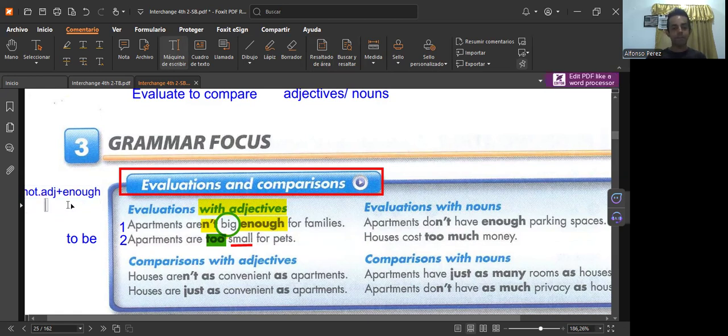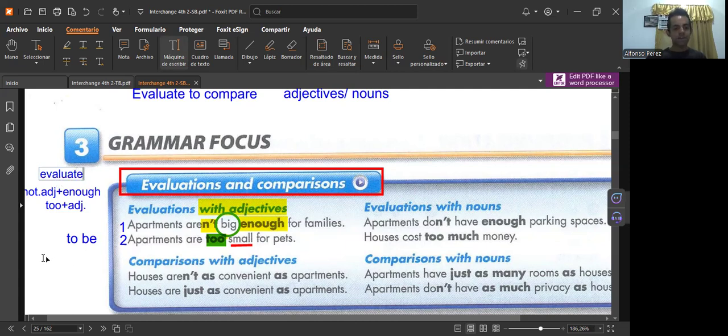Then we have B: too plus adjective. Okay, this is when we evaluate.